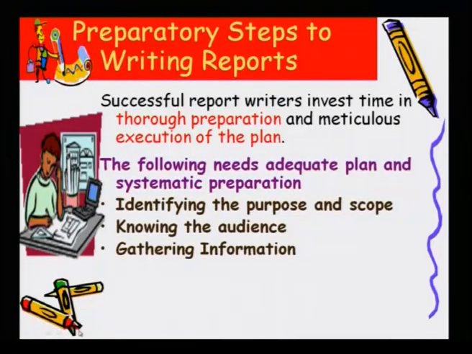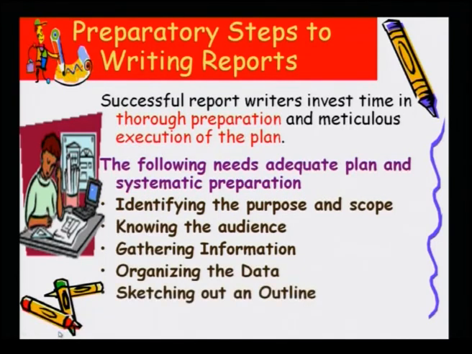First, identifying the purpose and scope; then knowing your audience; gathering information or collecting data, followed by organizing the material and sketching out an outline, that is, framing an outline, followed by presenting the visuals. These are the basic aspects involved in planning and preparation.